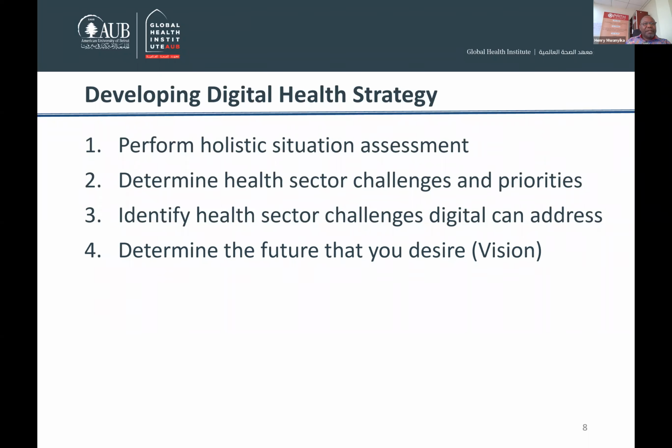And also you need to identify guiding principles. And this is critical because at the end of the day, when you're doing implementation, you need to have some principles that will guide your future investments and also implementation of your digital health strategy.